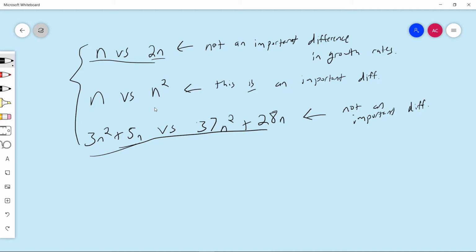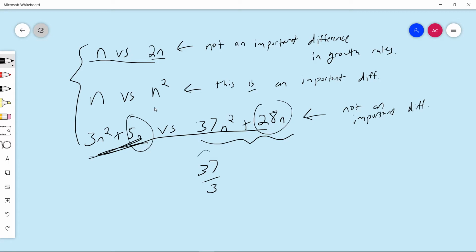As n gets bigger and bigger, these 2 terms cease to matter because n squared grows so much faster than n that eventually you're going to end up with 2 curves that compare to each other in the same way that n compares to 2n. You're just going to end up with n squared. This function over here is just going to eventually look like it's consistently 37 over 3 times bigger than this guy over here. And so you're going to end up with the same situation.